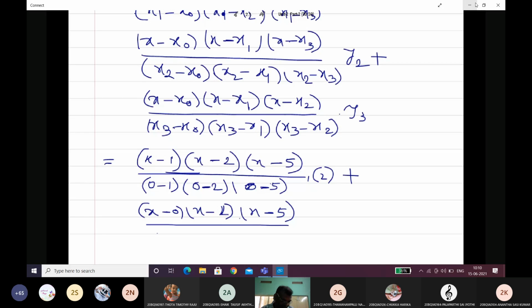What is the value of x1? 1. 1 minus 0, 1 minus 2, 1 minus 5 into y1, 3.